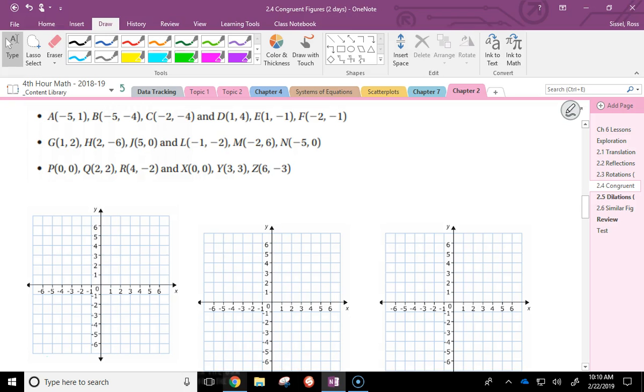You'll see A, B, and C. So what kind of shape are we making? Triangle. There's only 3 points. You need to plot these 3 points, label them, and then plot these 3 points and label them. Okay? That's step 1.